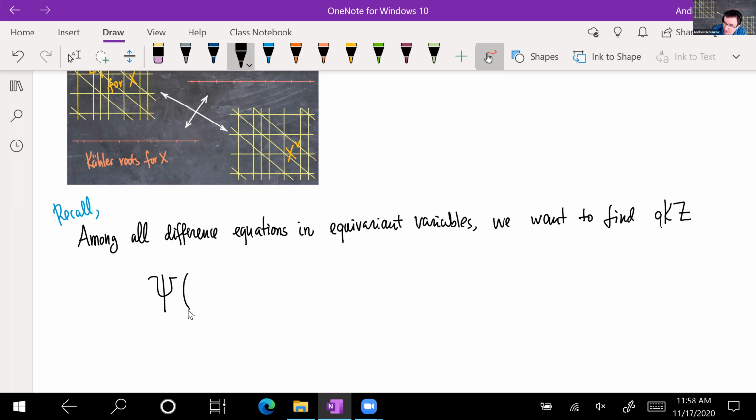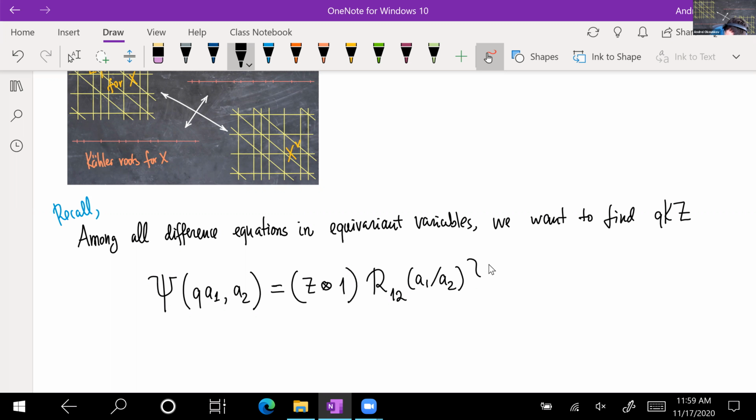So if I have psi of Q A1 and then A2, this is some operator Z acting in the first factor, then the R matrix of their difference, and then psi. Well, so that's the QKZ.